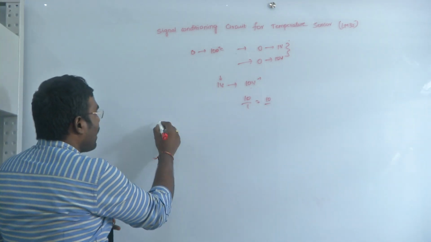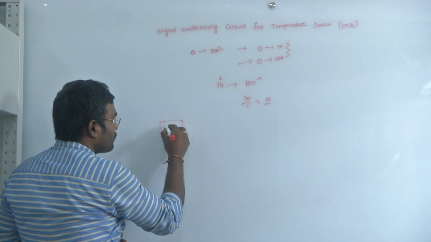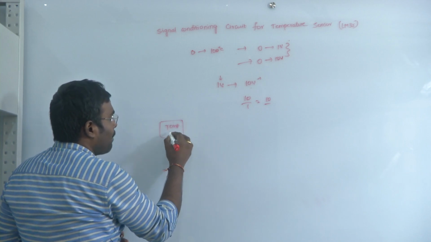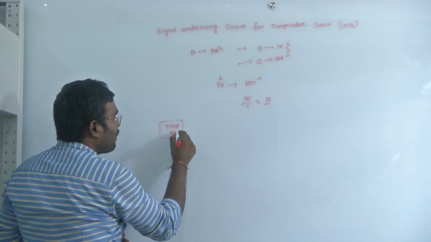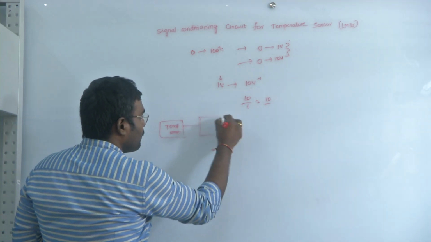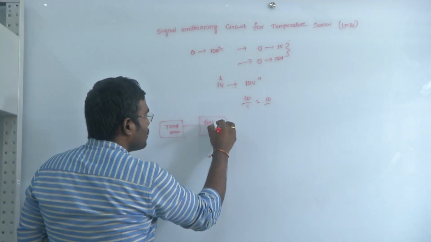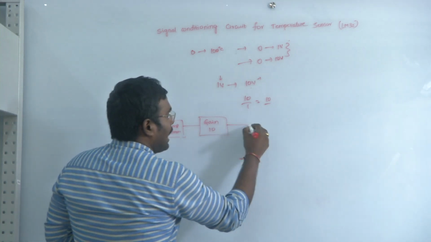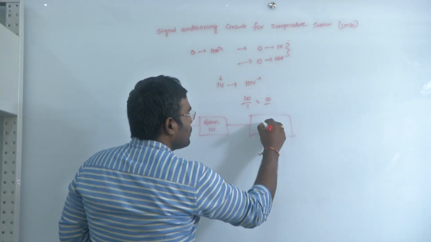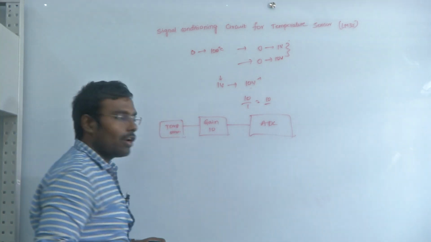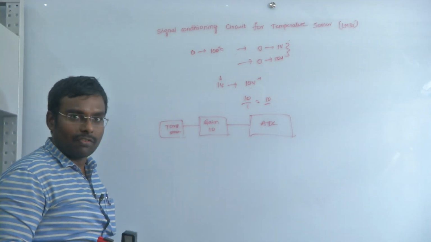So if I have a temperature sensor, which in this case is the LM35, and I provide an amplifier with a gain of 10 and give it as an input of the ADC, my problem is solved, so that it utilizes all the levels of the ADC.